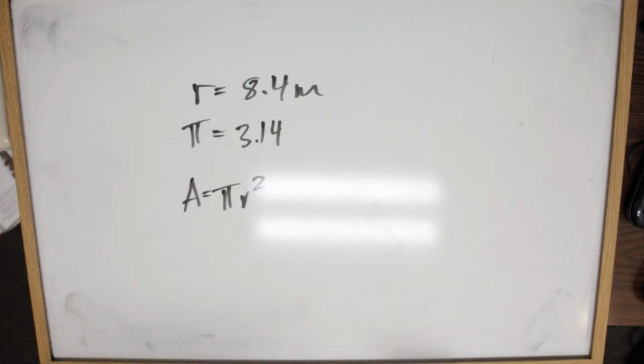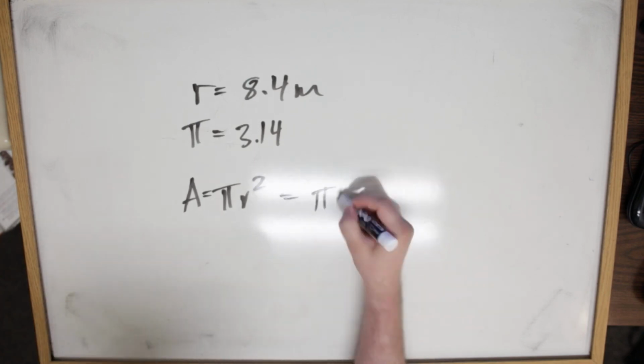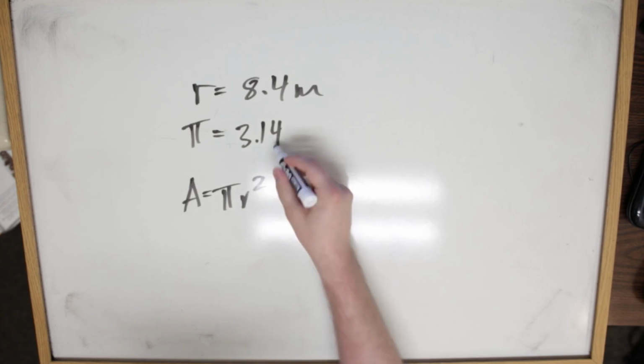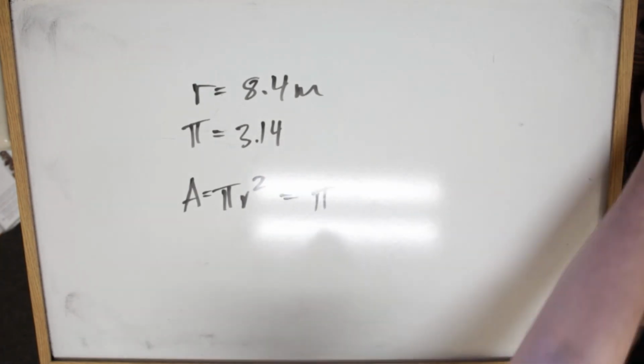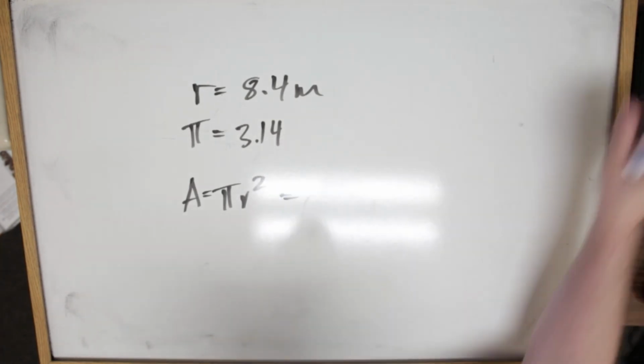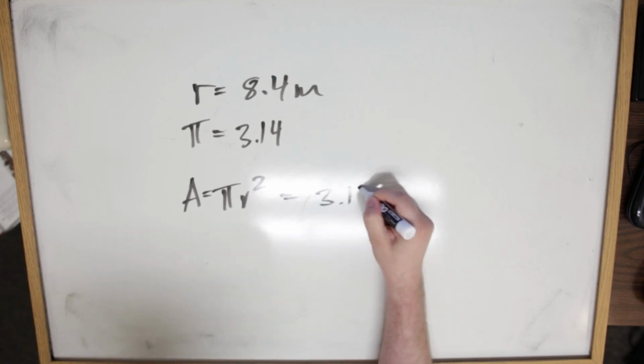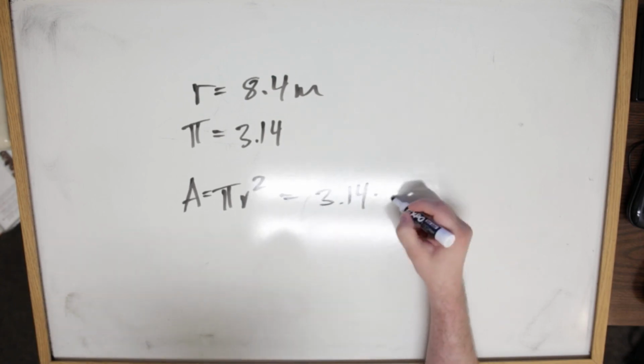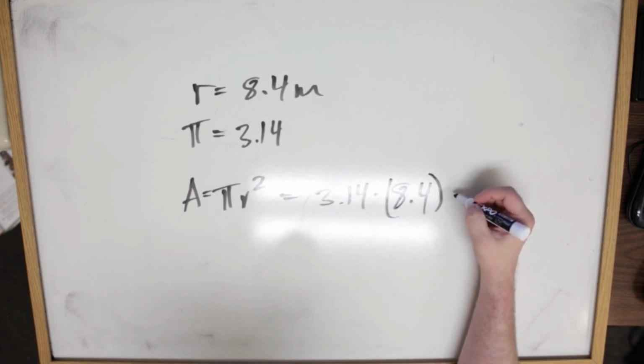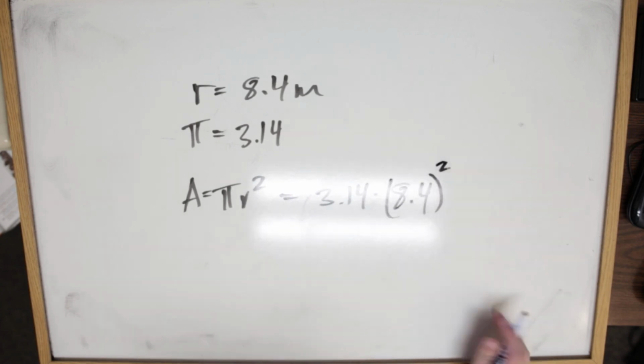Okay, let's take a look. So we'll substitute these values in. This is the same thing as pi times 3.14. Let's just go ahead and put that in. 3.14 times 8.4 squared. Okay, I'm going to show you what to do with the units here in just a minute.